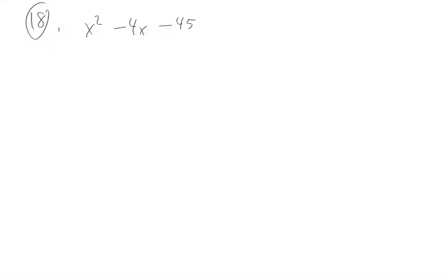And this one is just what I call regular factoring. It's really, really important. It's just a trinomial starting with x squared, with two terms after it. So what you do is you first look at the x squared. You can, of course, factor x squared into x times x, right? But now you have to look at the number at the end, negative 45.